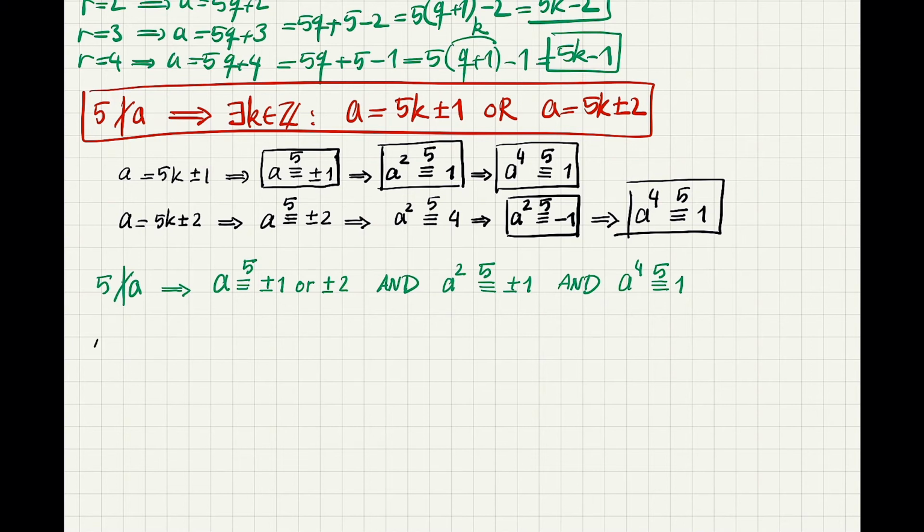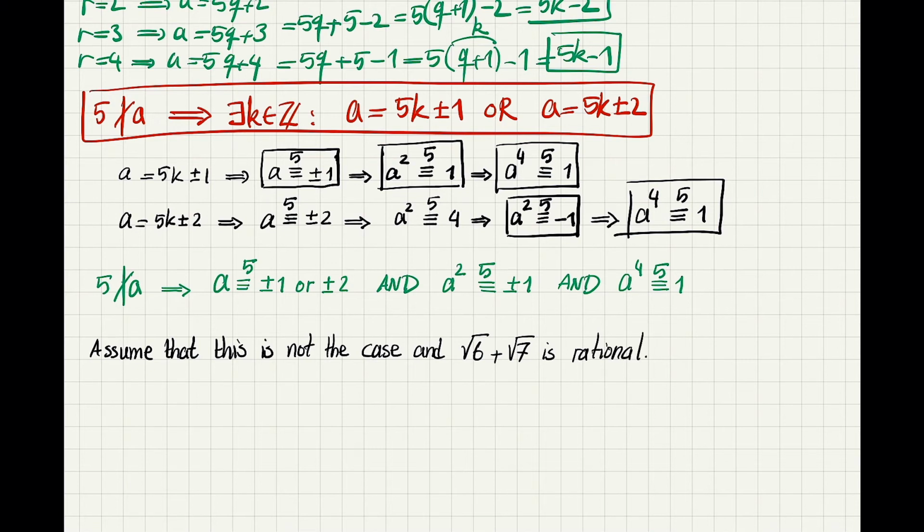Assume that this is not the case, and square root of 6 plus square root of 7 is rational. Okay, so what's the meaning?